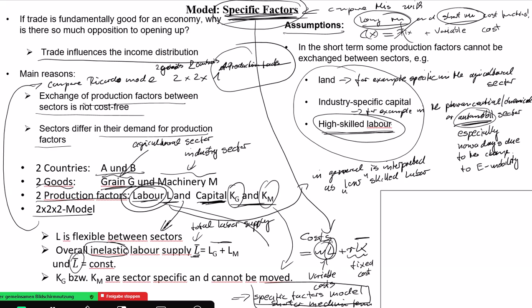We say that we have an inelastic labor supply, so everybody who can work will also be working. So we have here in our model no unemployment. So the labor supply curve is then just a vertical line.